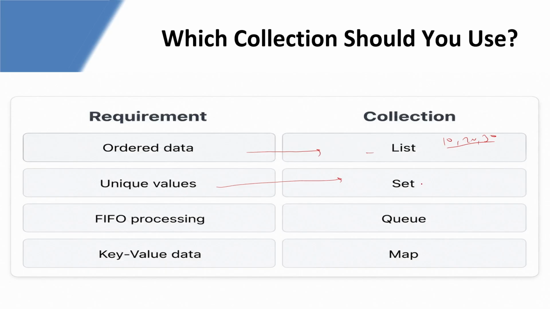In that situation, you can choose the Set collection. If you want first-in-first-out processing, you can choose Queue. And use a Map when your data naturally consists of key and value pairs. Choosing the right collection improves both performance and readability. Based on our requirement, we will choose the appropriate collection.